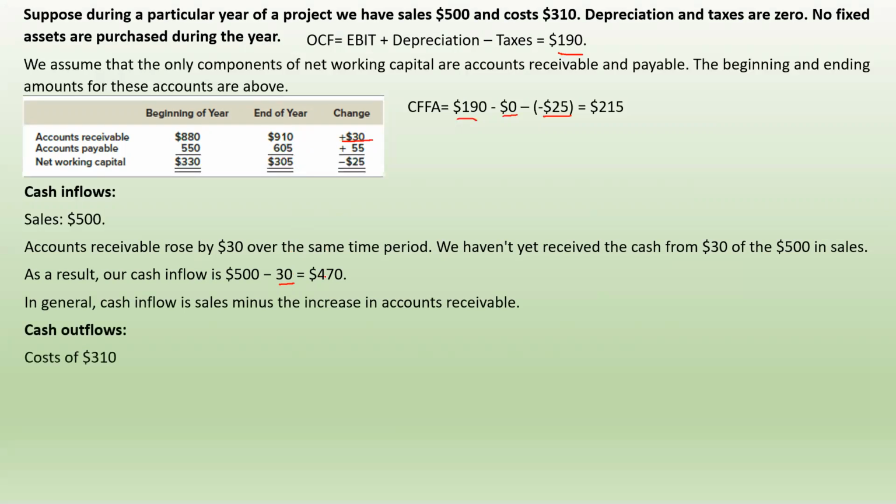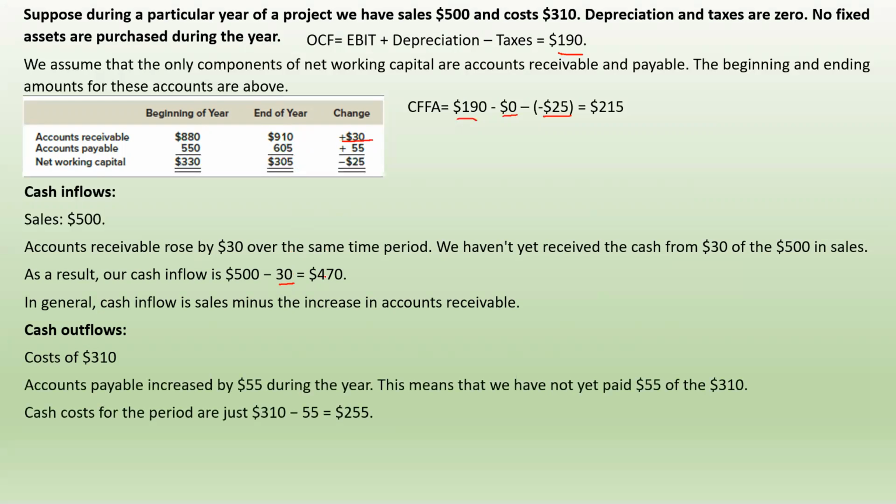Cash outflows: the cost is $310. Not all of this $310 is cash outflow. Accounts payable increased by $55, which means that we have not paid this $55 out of the $310.